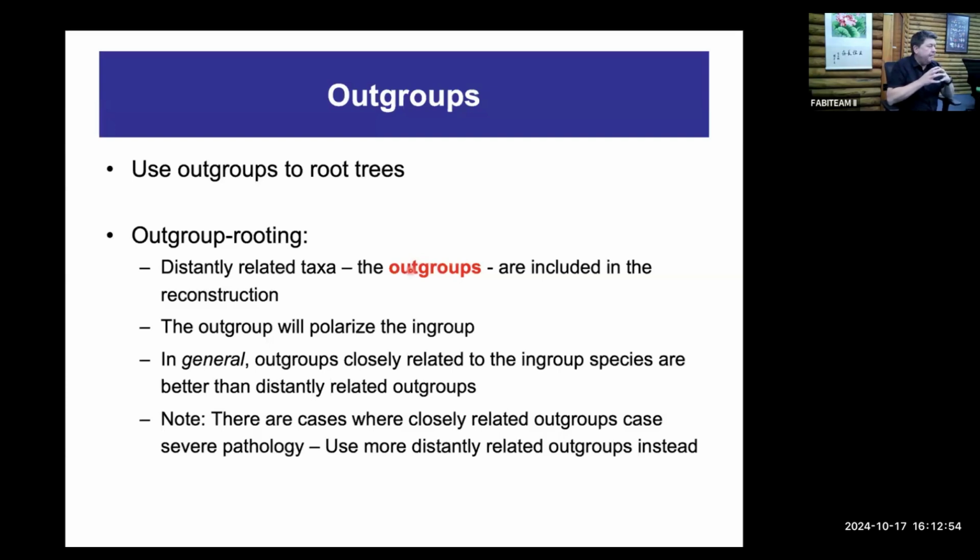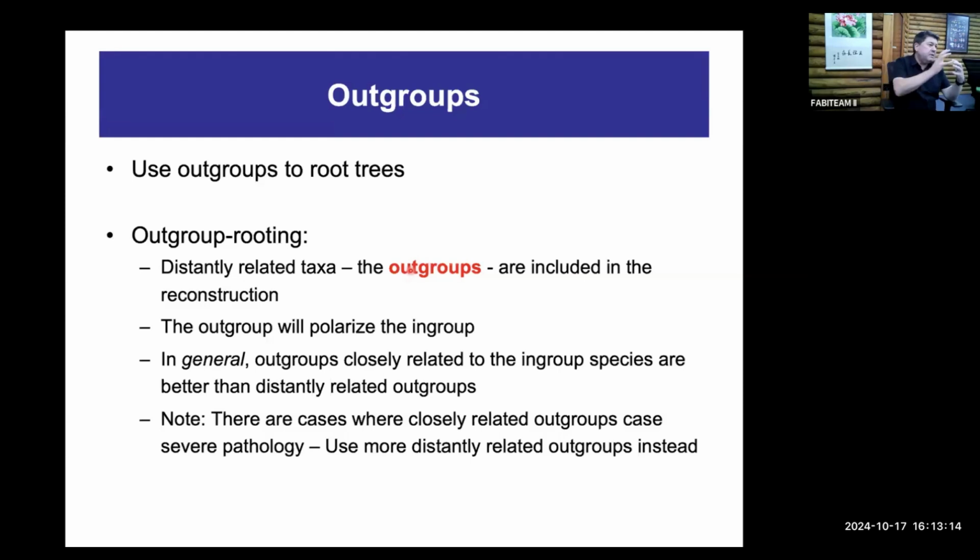But if you want to know the phylogenetic relationships of all the species in a specific genus, then you would rather use a species that's outside of that genus, but not too distant.